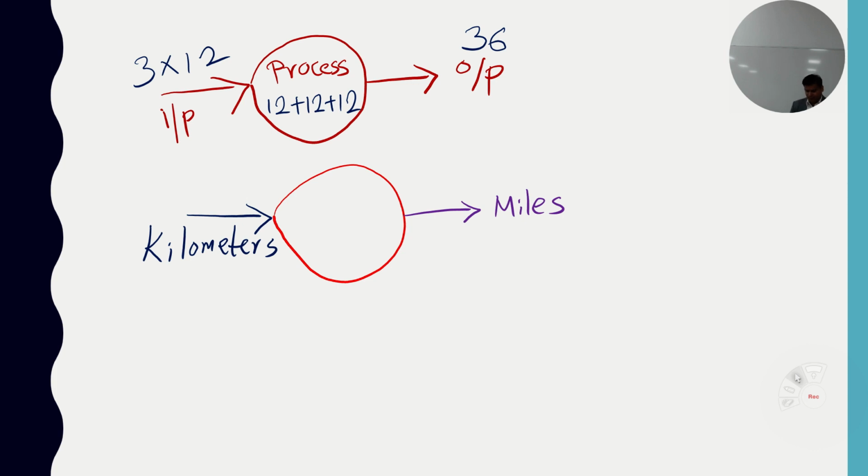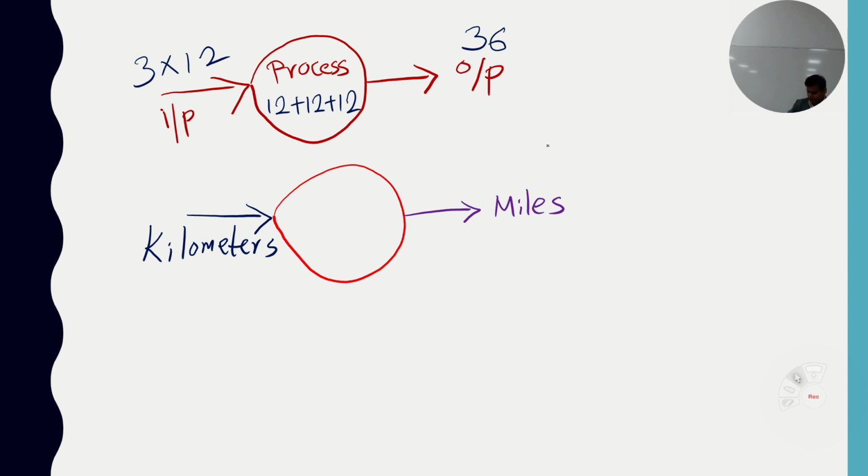For one thing you are sure about this kind of process is that there is a linear relationship between kilometers and miles. When you increase the kilometers, the miles will eventually increase, and when you reduce the kilometers, the miles would reduce.